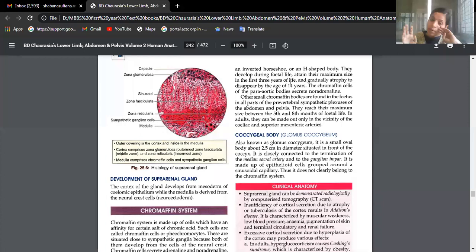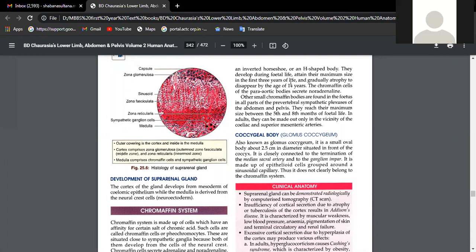If you write sciatic nerve also, it is fine. But if you want to write more specifically, the sciatic nerve will have two components, no? Tibial component and common peroneal. All muscles are supplied by the tibial component only, except the short head of biceps, which is supplied by the common peroneal component of the sciatic nerve.